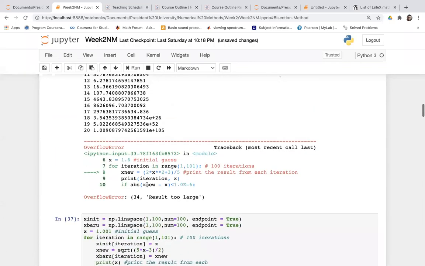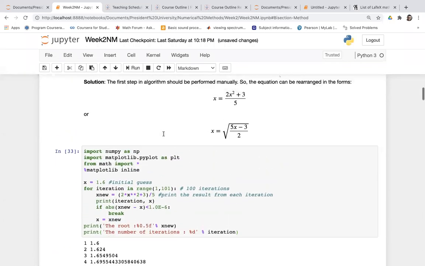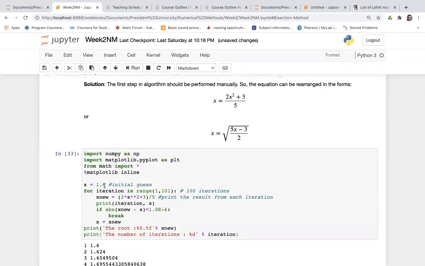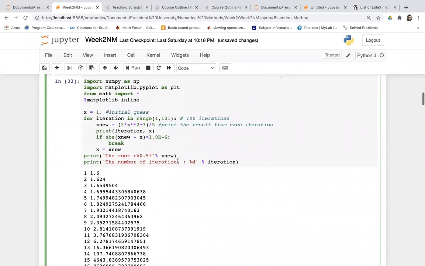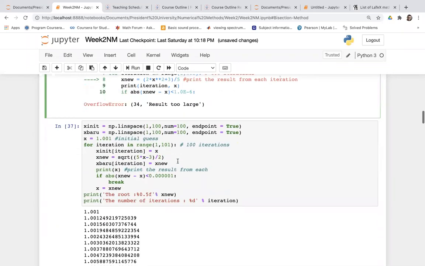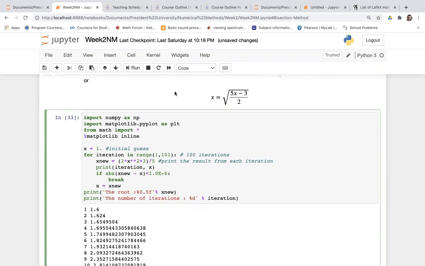Therefore, to find all the roots, you need to apply the two arrangements. The first one always converges to 1, and the second one always converges to 1.5.